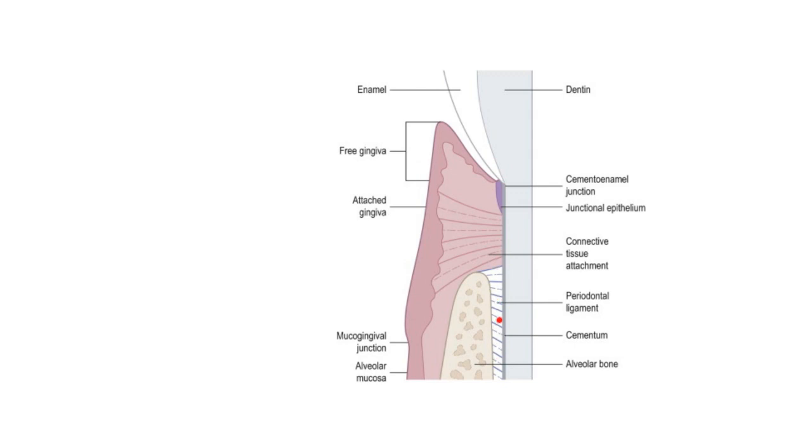And here is the periodontal ligament connecting the alveolar bone with the cementum. And here we have the oral mucosa, which is non-keratinized and clinically separated from the attached gingiva through the mucogingival line.